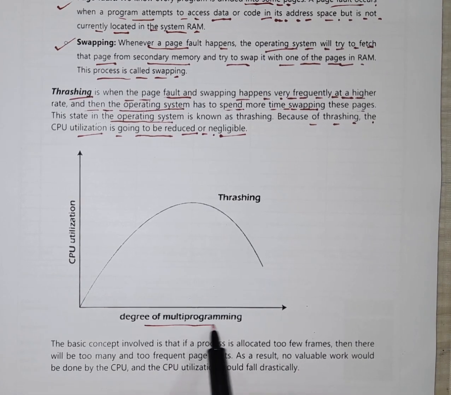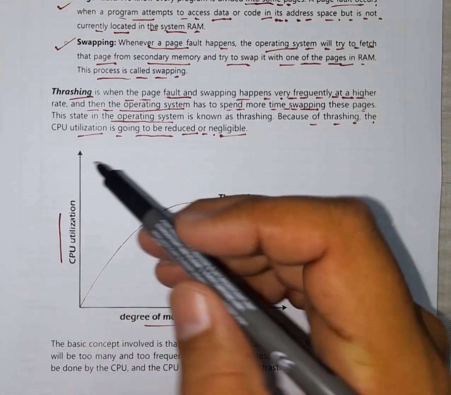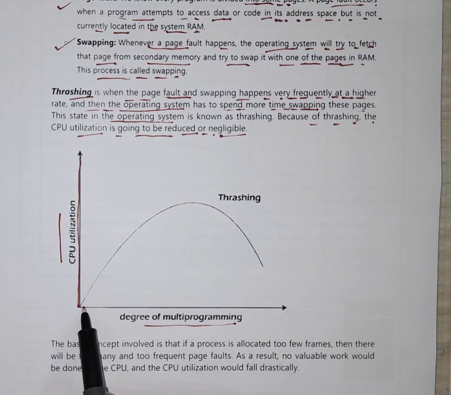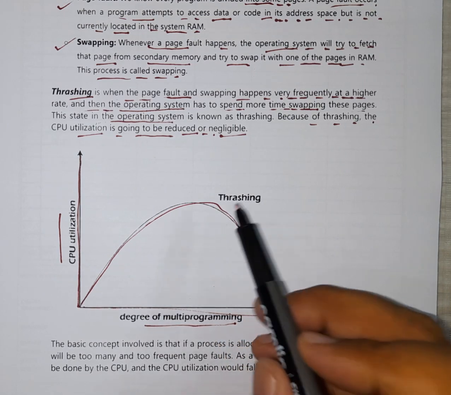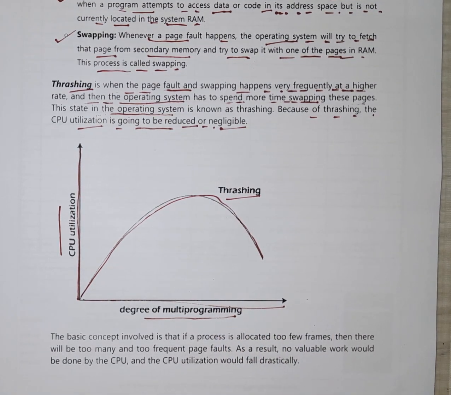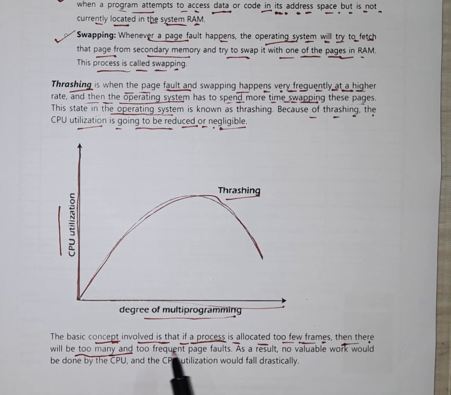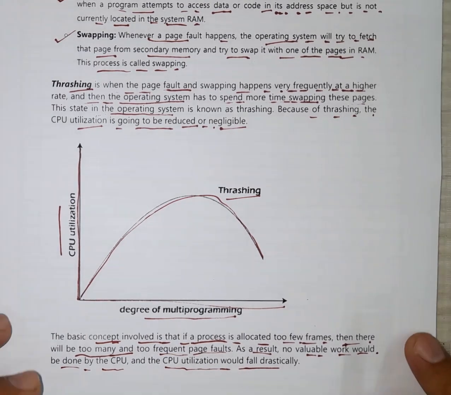Then degree of multiprogramming and CPU utilization. The basic concept involved is that if a process is allocated too few frames, then there will be too many and too frequent page faults. As a result, no valuable work would be done by the CPU and the CPU utilization would fall drastically.